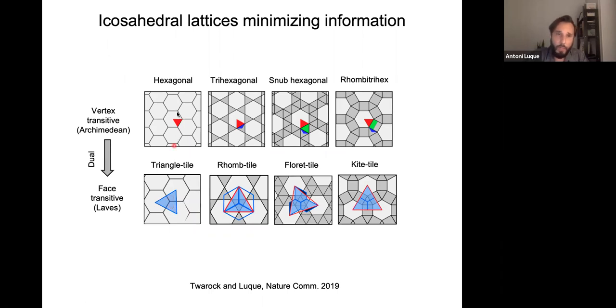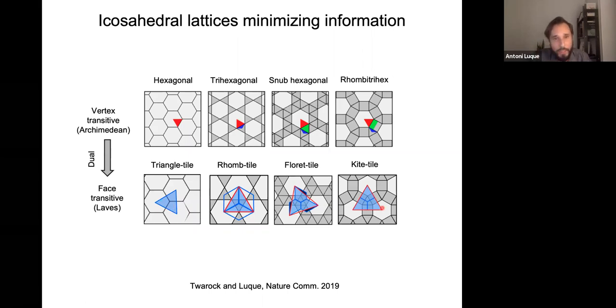So it makes it very convenient. The hexagonal forms tiles that are triangles. The trihexagonal forms tiles that would be rhombs. The snub hexagonal forms tiles that are florets. And rhombitrihexagonal forms tiles that are kites, and they come together as a full triangle, which we will see is relevant for some interpretations.